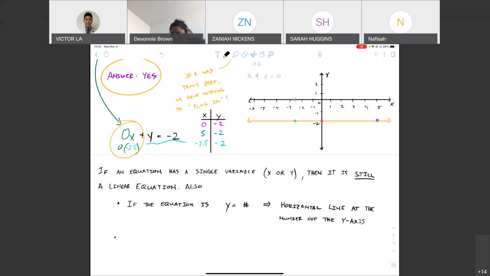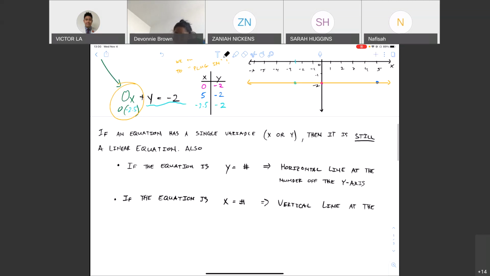Now, if the equation is x equals a number, then it is a vertical line at the number. I'll scroll up just a touch now. The, as you can imagine, x-axis.